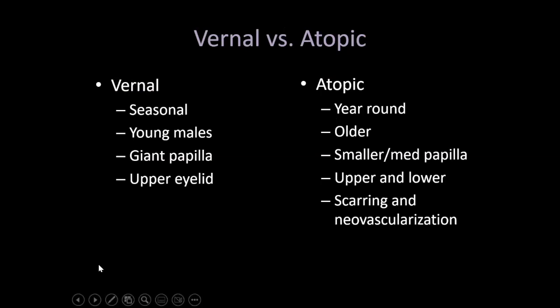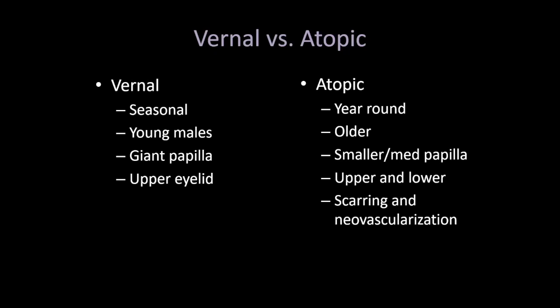Right. It's important residents get to know the differences. Epidemiologically, in terms of age, vernal keratoconjunctivitis has an earlier onset. The onset is earlier than atopic keratoconjunctivitis. Vernal keratoconjunctivitis tends to have a male preponderance.